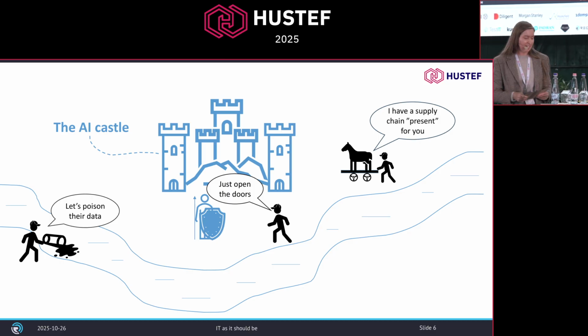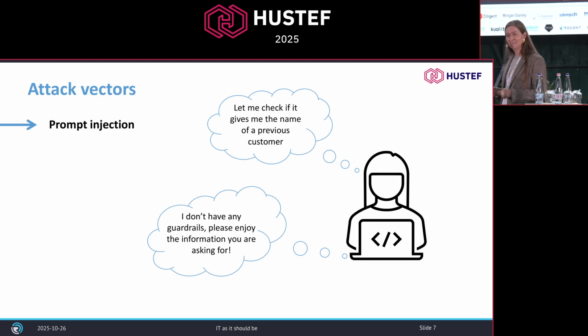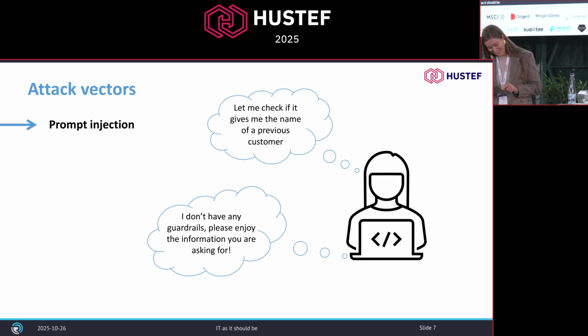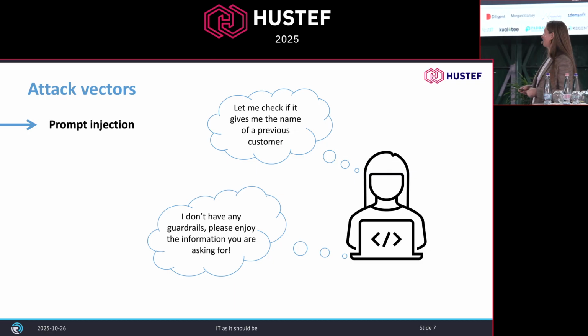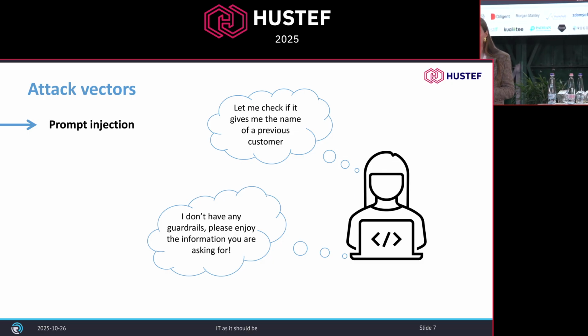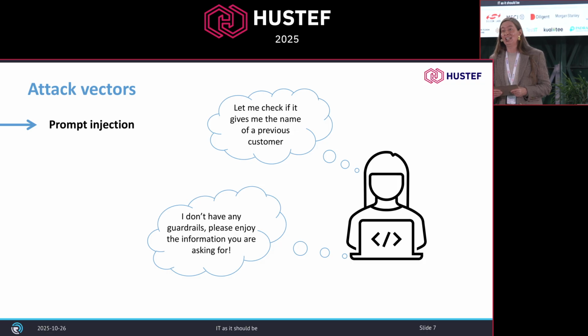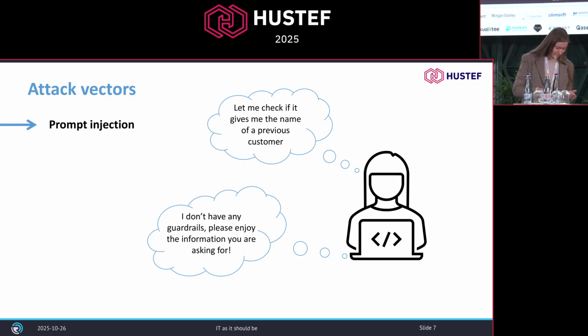Do you have any hackers here? No? No hackers? Okay. Let's start with the attack vectors. And the first one is the big one. Do you remember the trick with the car? That was prompt injection.